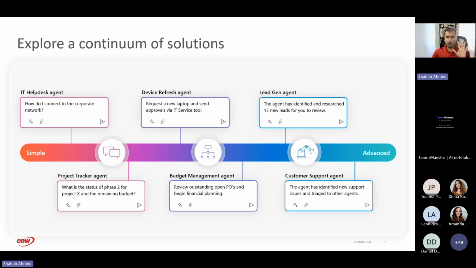And this gives you a good idea in terms of where that complication is. So if you look on the left-hand side, that's the RAG piece, so pure retrieval. And then on the right-hand side are, I would say, those autonomous pieces. Then these agents would sit in that sphere, right? So the IT help desk agent, if it is just retrieving information from a knowledge base that already exists, yeah, it's fairly simple.